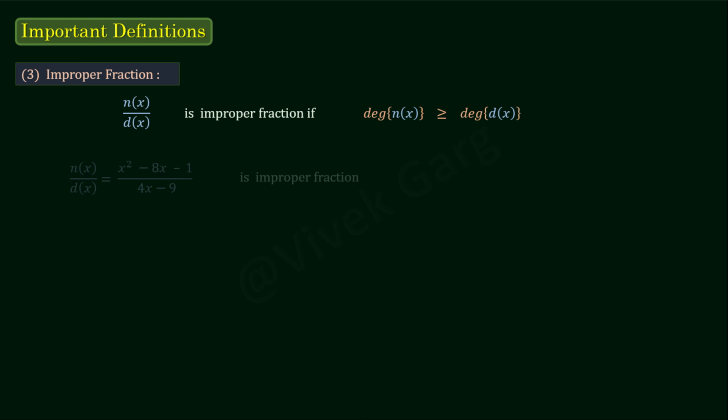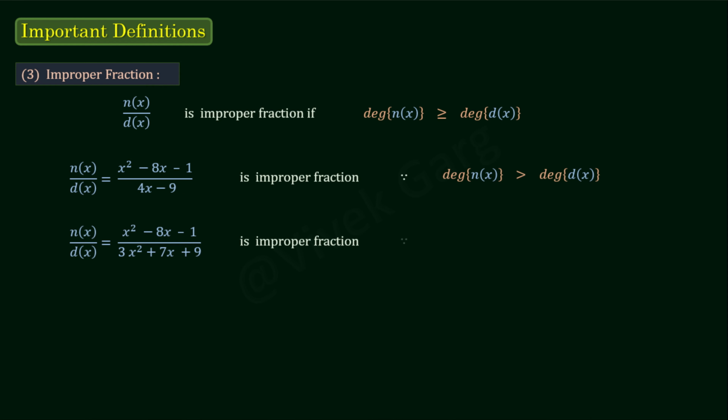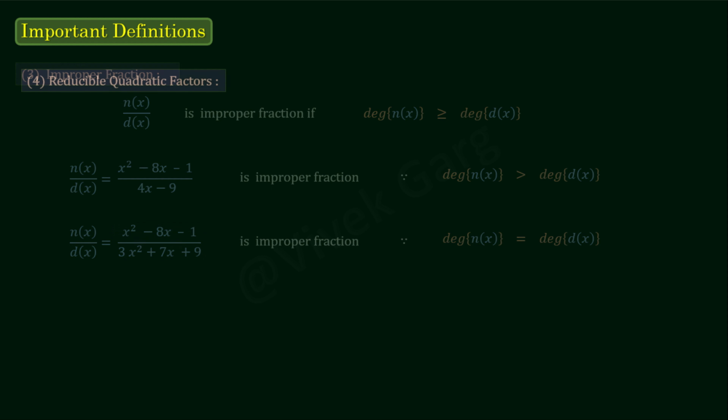Third, improper fraction. A rational expression is called improper fraction if degree of numerator is greater than or equal to degree of denominator. For example, fourth, reducible quadratic factors.